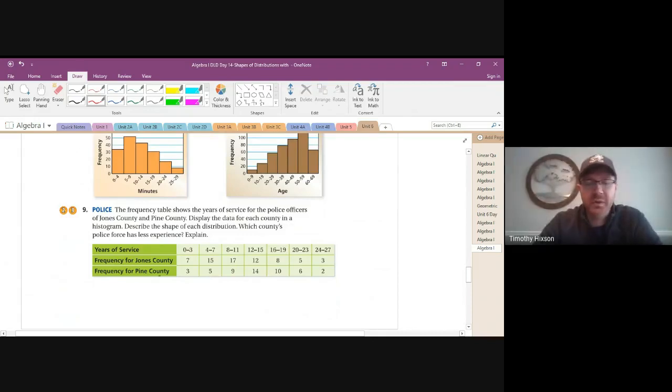But you're actually comparing 2 different histograms. You're going to draw yourself a histogram, explain or describe the distribution for each one, and then use that to determine which county's police force overall has less experience. Okay, don't jump to the conclusion without actually seeing the graph.